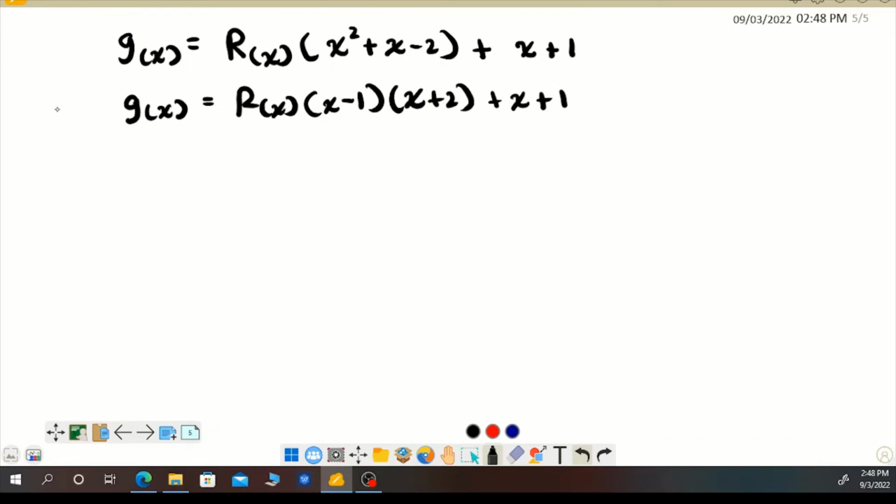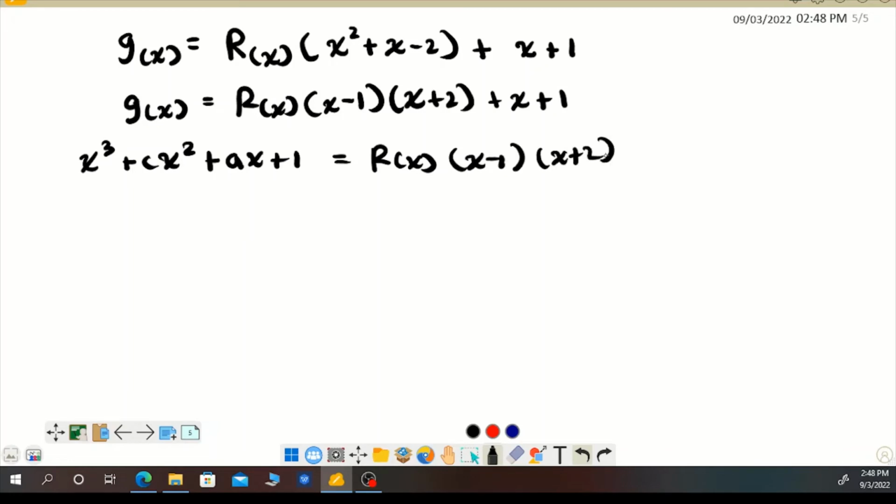It is given that g(x) equals x cubed plus cx squared plus ax plus 1, which equals R(x) times (x minus 1)(x plus 2) plus x plus 1.